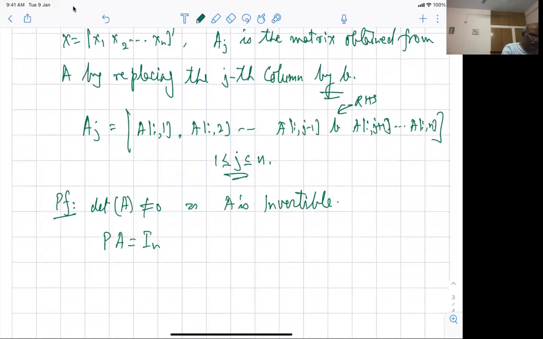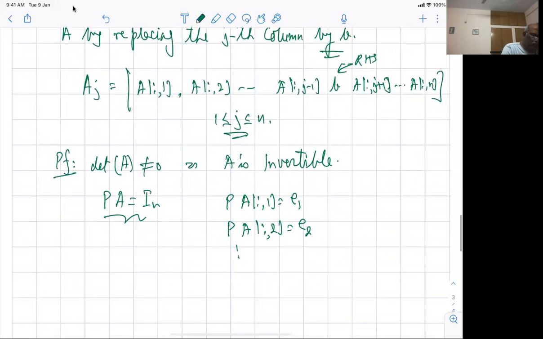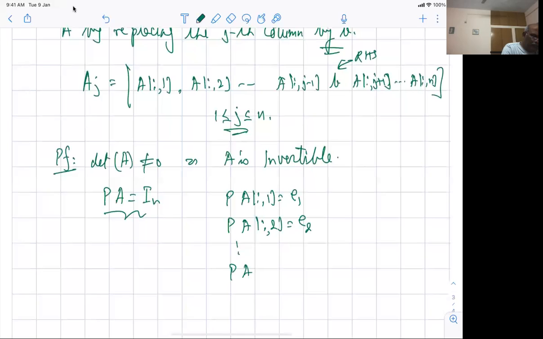So if I look at P times A, this part tells me that P times the first column will be equal to E1, P times the second column, all right, will be E2, and so on till P times the last column will be equal to En. All right, this is what it is. Look at this part. All right, fine.